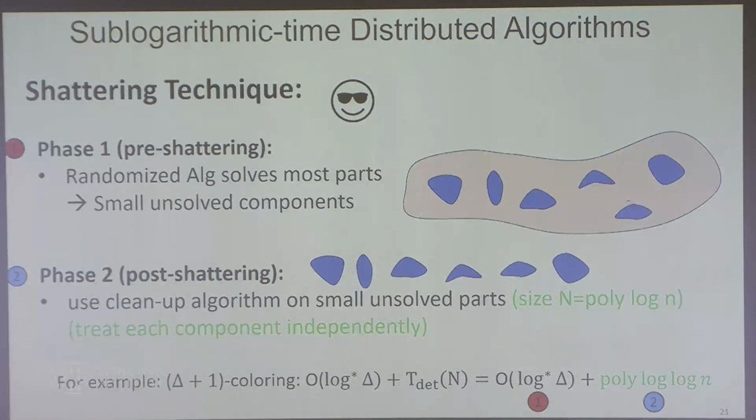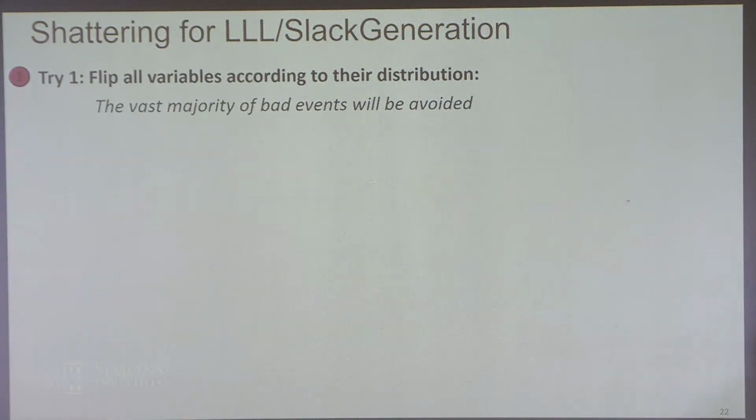And we want to follow this blueprint here for our LLL or slack generation. I'll use both of these a bit interchangeably now. So what could we use in this first phase as our randomized algorithm? Well, the best take that we have is we just flip all the variables according to the distribution.